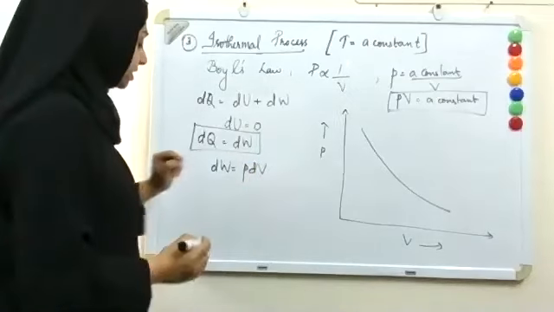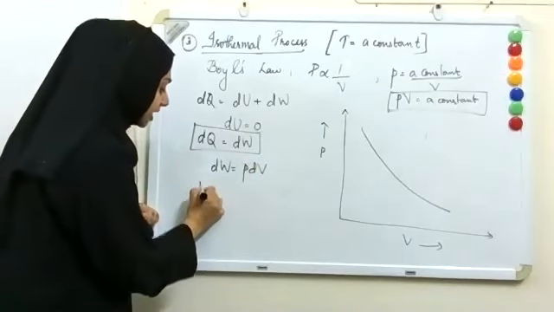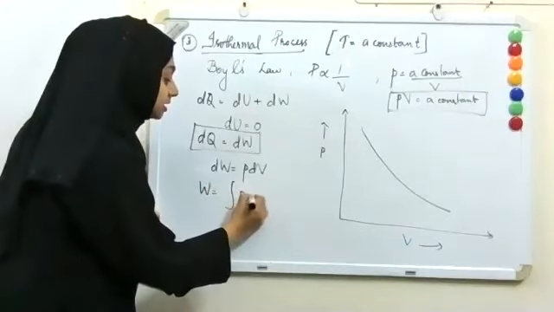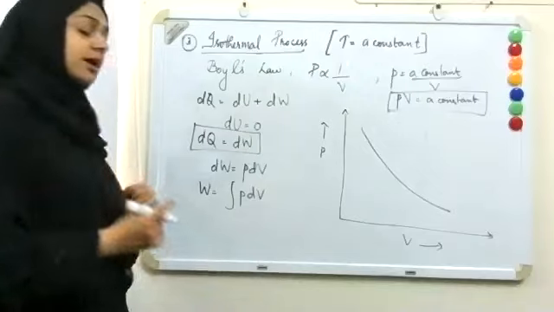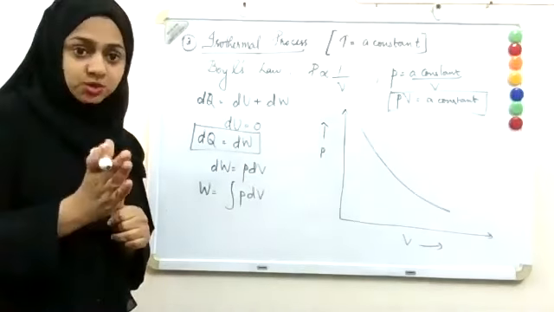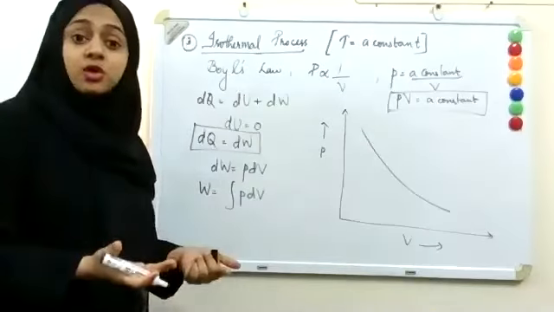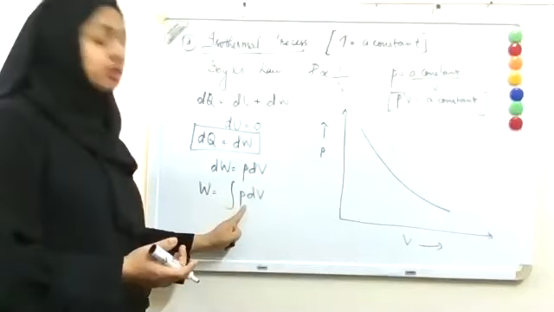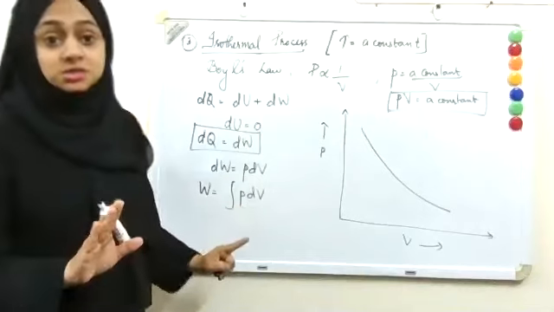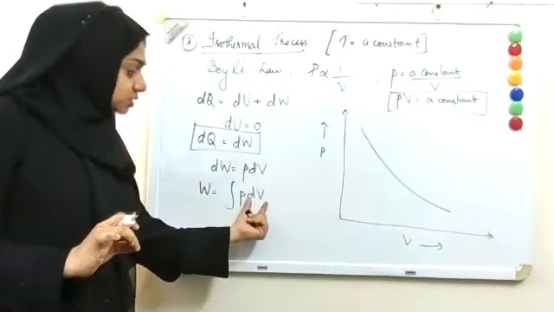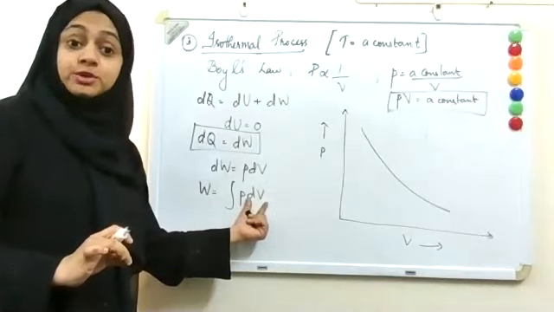Now, when I am finding the total work done, I have to integrate this expression, integrate P dV. Earlier, when we discussed the isobaric process, we took the pressure out because it was a constant. This time, we cannot take the pressure out because it is not a constant. But integration is with respect to volume, dV.